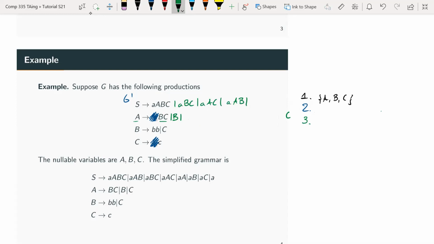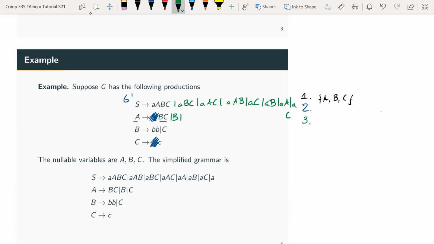Then I start replacing 2 variables. So let me replace A, B. So I have A, C. I'll also replace B, C. So I'll just have A. And then I'll replace all of them by lambda. So then I'll just have A. Okay.